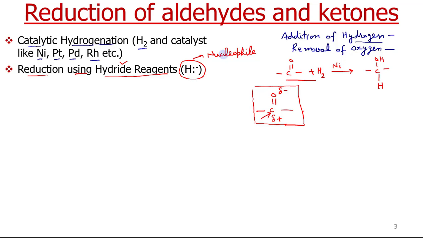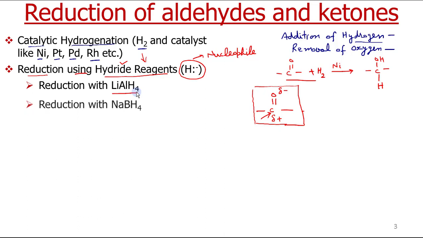So the most common hydride reagents, the two mostly used in the laboratory, are first lithium aluminum hydride, and second sodium borohydride. This is lithium aluminum hydride, and we can also write its abbreviation as LAH.